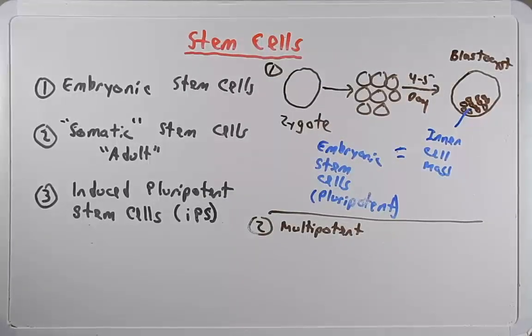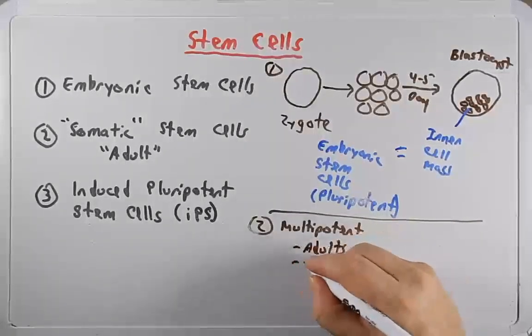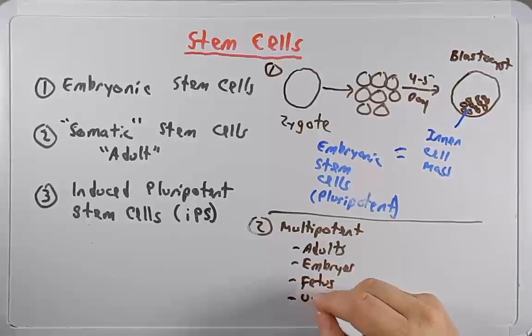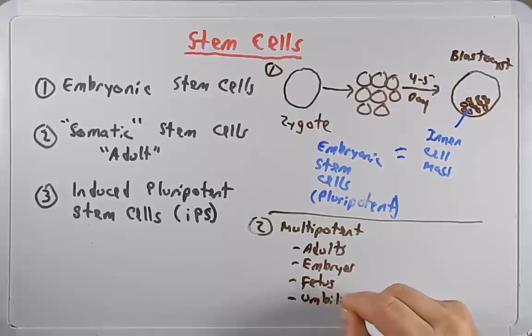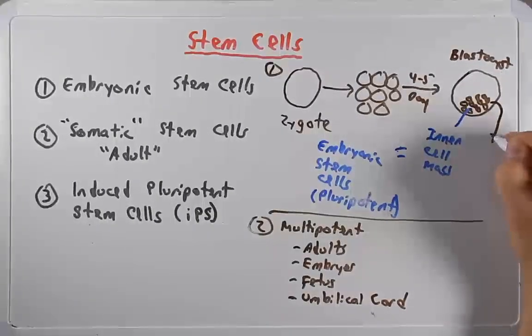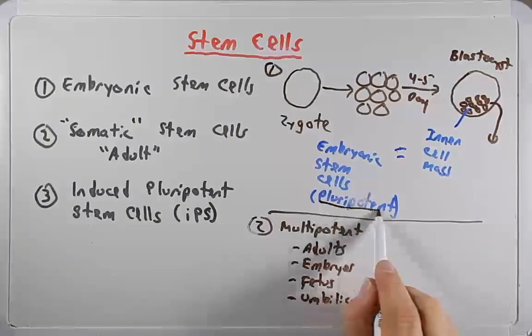Now, the reason I don't like the term adult stem cell is because these stem cells are found, of course, in adults, as you would expect, but they're also found in embryos. If they're found in a fetus, they're found in the umbilical cord. Because remember, once they leave this blastocyst stage and they start forming specialized structures, they're no longer pluripotent.